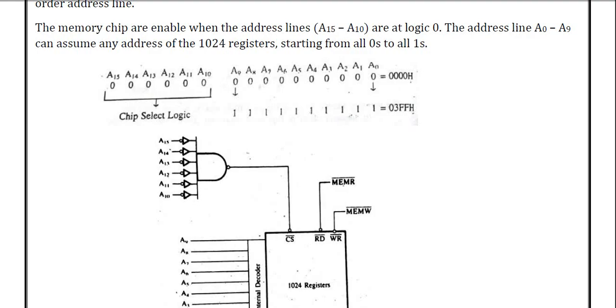We generated the 3 and F: 4 ones generated the first F, then again 4 ones generated another F, and then 2 ones generated the 3, and lastly the continuous 6 zeros generated a 0. So the highest value can be 03FF.